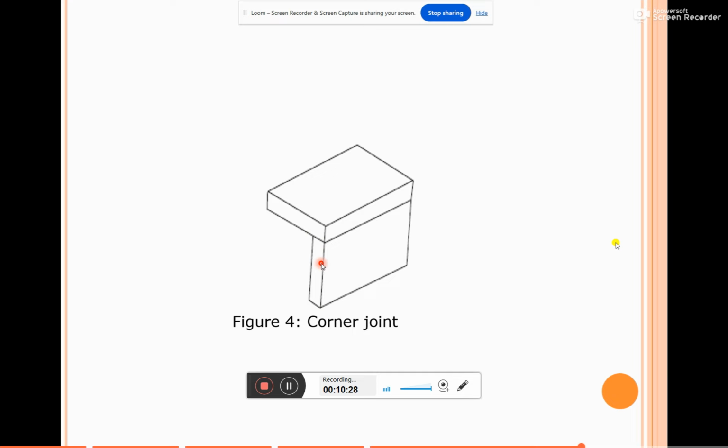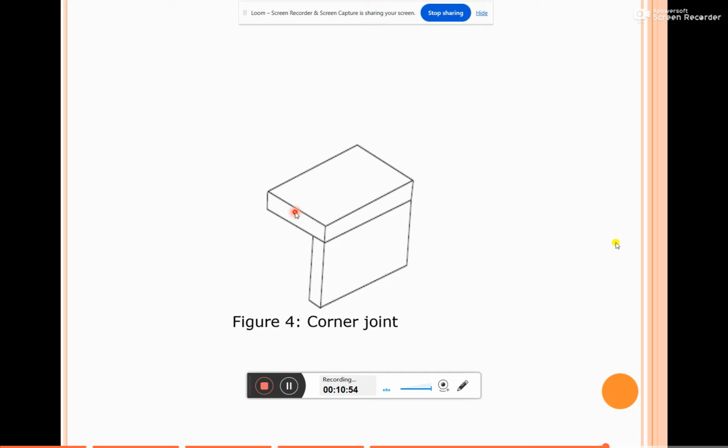We'll place these plates in such a way that their surfaces are at 90 degrees. Then such a type of joint, we'll call the corner joint. This joint is mainly used for both light and heavy gauge sheet metals.